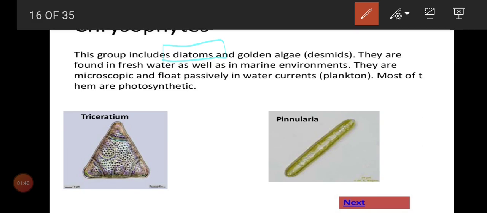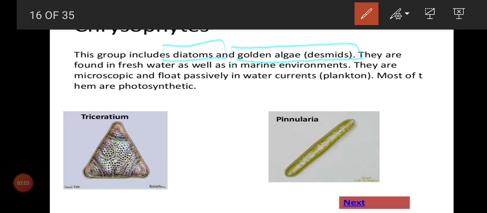So what is diatom? Diatom is an algae. What algae? Diatom will be in yellow color, or we can call it golden color also. So diatoms and golden algae, that is desmids, both come under the group of chrysophytes.